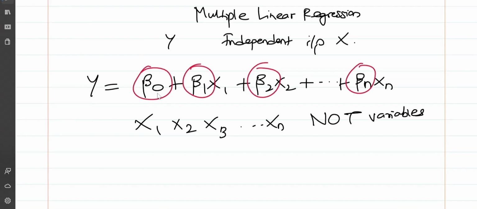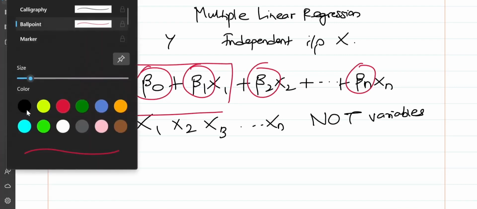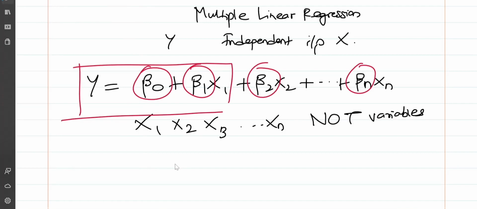These are the parameters that will help us determine the model. Like in simple linear regression, we had only this expression. In multiple linear regression, we have up to n parameters, and these are the parameters that we actually have to define. So keep in mind that x1 to xn are not the variables.